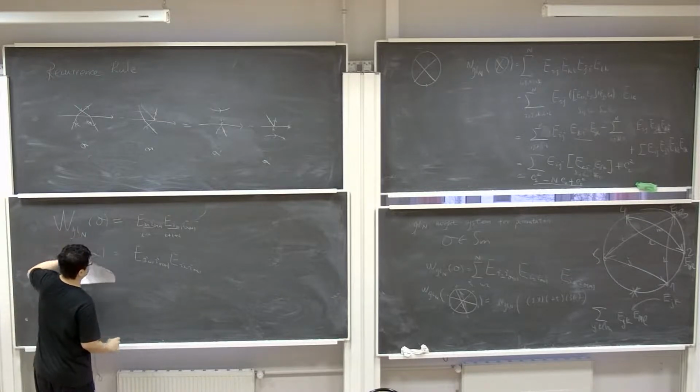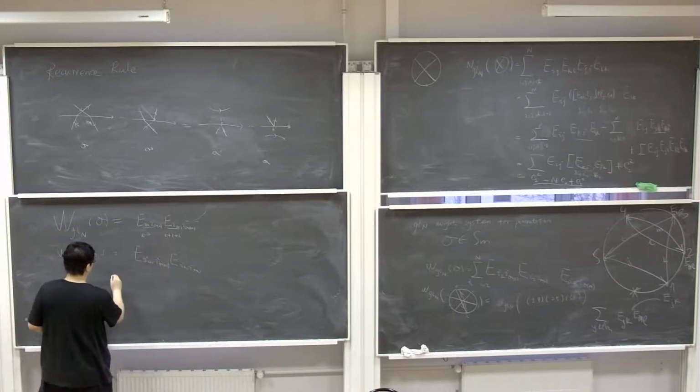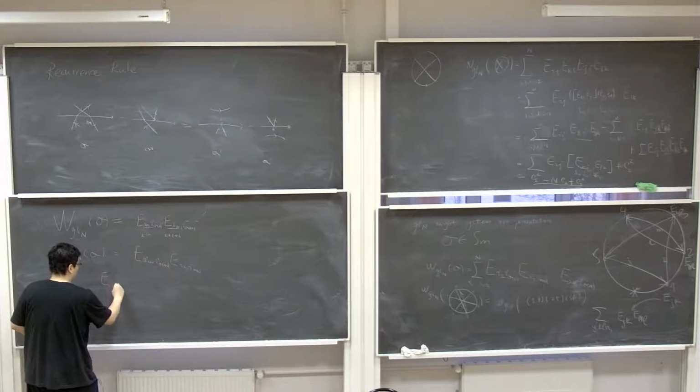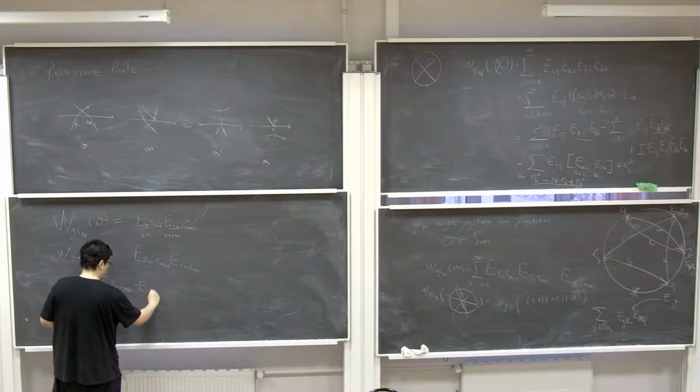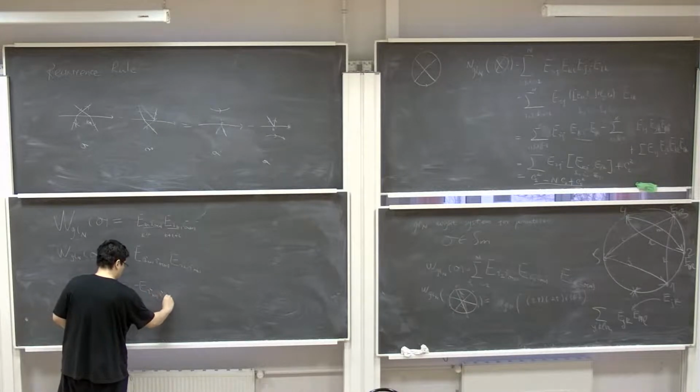The difference between these two, we only need to focus on these two places, which is i_k to sigma_k minus i_{k+1} to sigma_{k+1}.